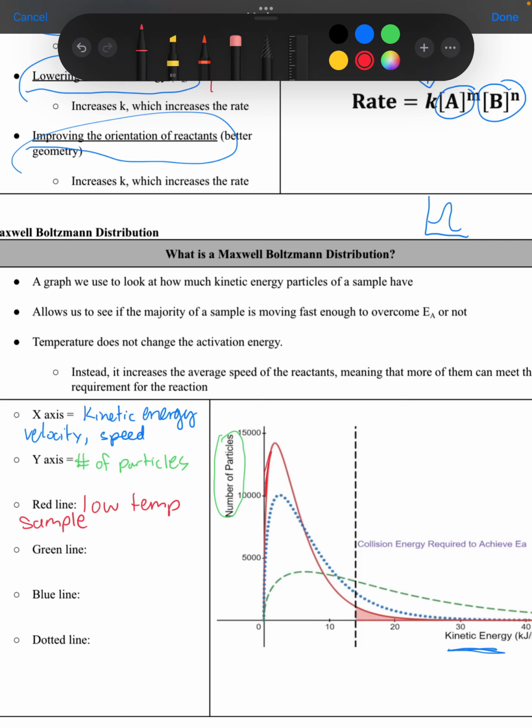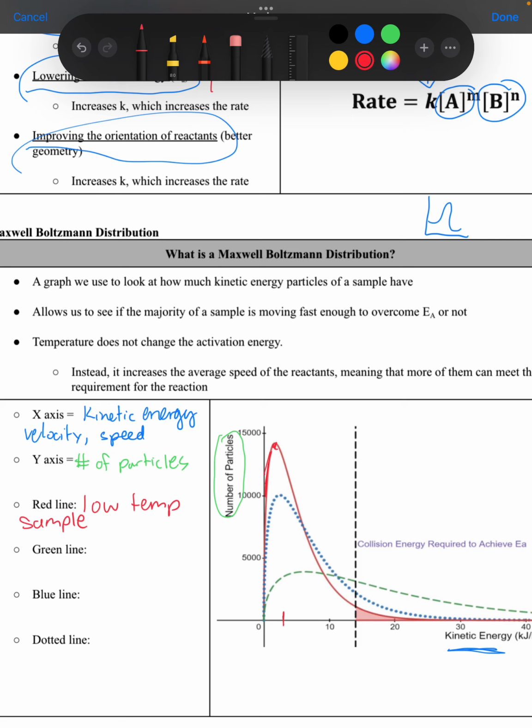At first glance, this graph can be a little bit confusing because the red one is our highest peak, and that usually doesn't correspond to low anything if it's your highest peak. But if you look at your axes, it starts to make sense, because what this red line is telling you is that the highest distribution of particles here are moving very slowly, because we can see that that peak is right here, which is maybe 3 kilojoules per mole, and that is not a lot of kinetic energy.